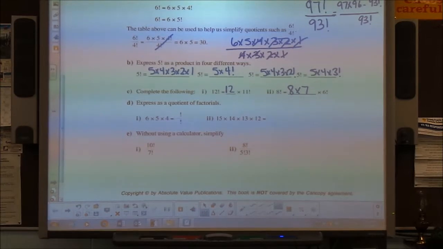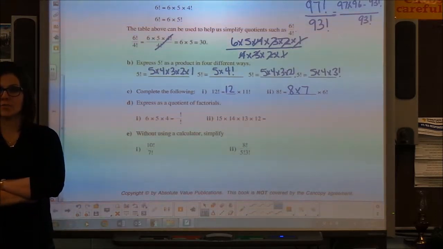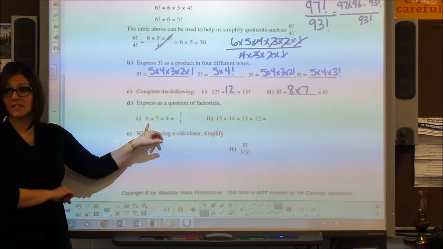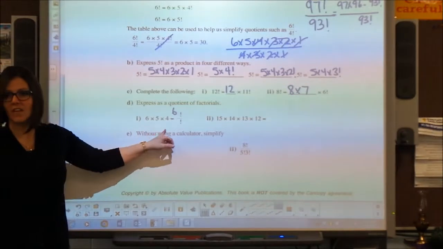If I want to express this as a quotient of factorials, 6 times 5 times 4 could be what factorial over what factorial? So what did I start off with? Started off with 6, so that's what I'm going to put on the top. What don't I have in this?